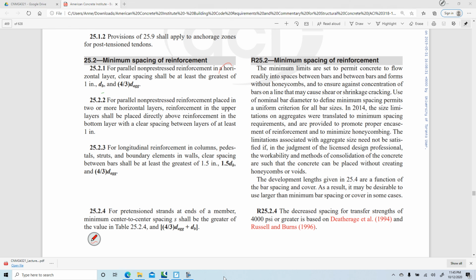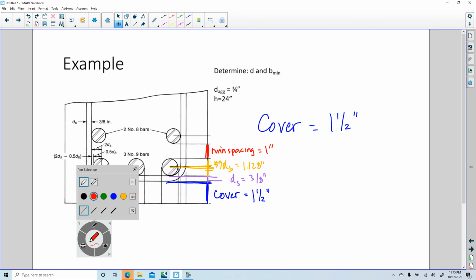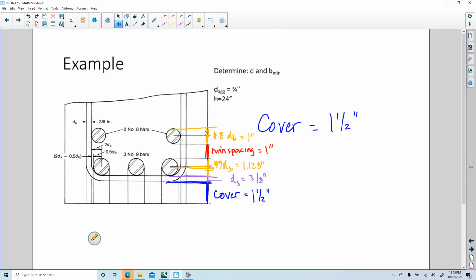This is for 2 or more layers. Shall be at least 1 inch. And then this is just my number 8, which is 1 inch to here. Could have made a different color because it's a different bar, right? I have number 9s and number 8s.